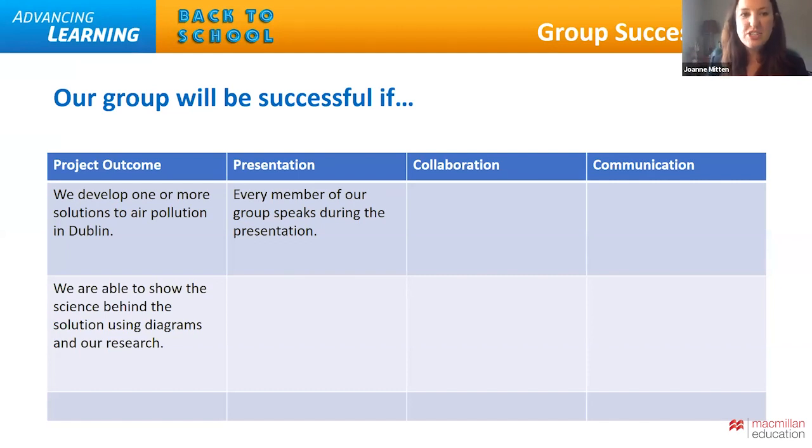And then with the presentation, they know that their group will be successful if every member of the group speaks during the presentation. Okay, so they know that if just one person speaks and the rest of them have their cameras off and microphones off, they're not going to do very well. Everybody needs to participate. So the group can then work together to fill in the rest of these success criteria.